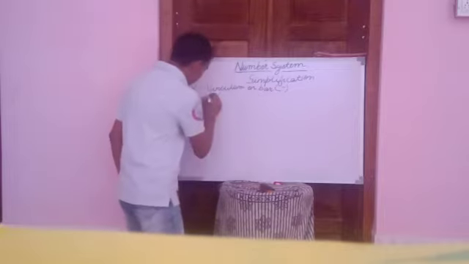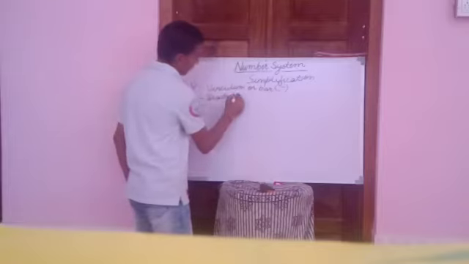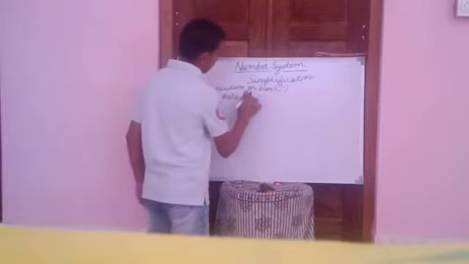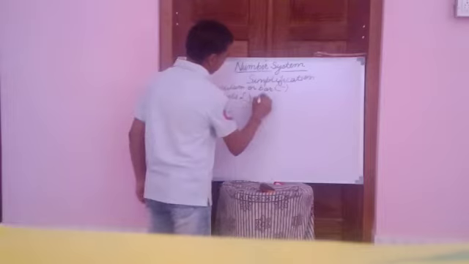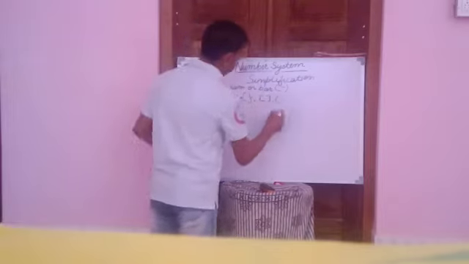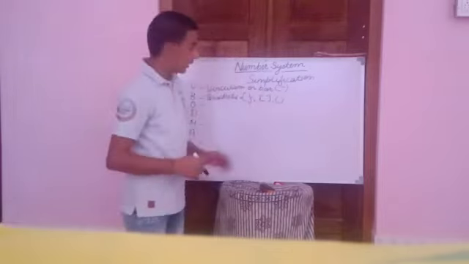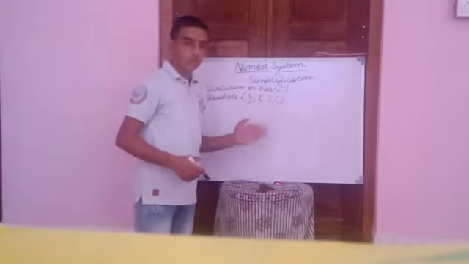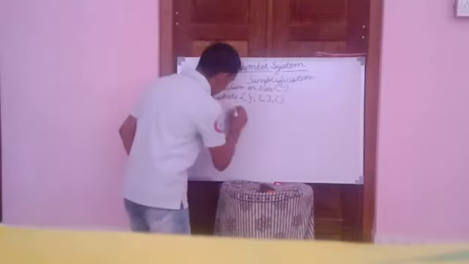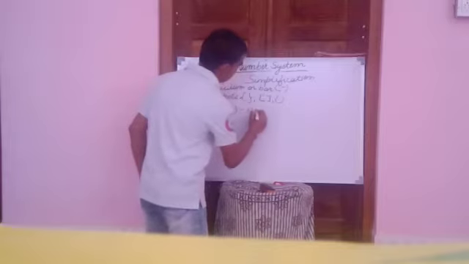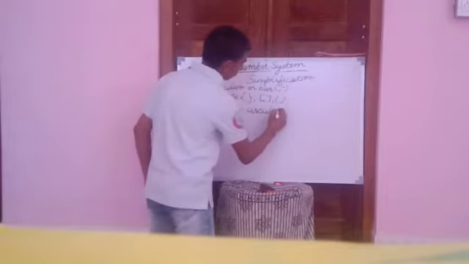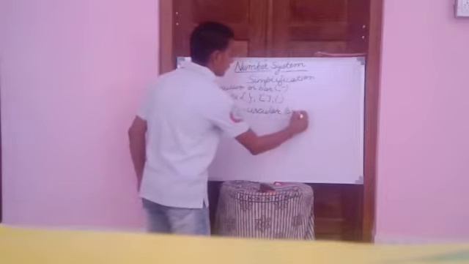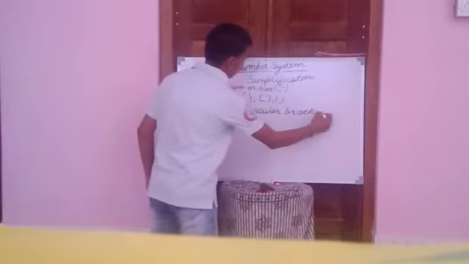Then B means brackets, these brackets. Now the question may arise in your mind: which bracket should be solved first? First we should solve the circular brackets. Circular brackets we must solve first.